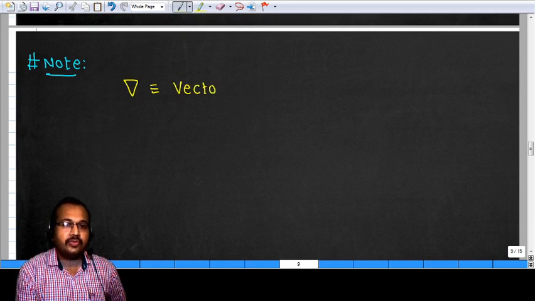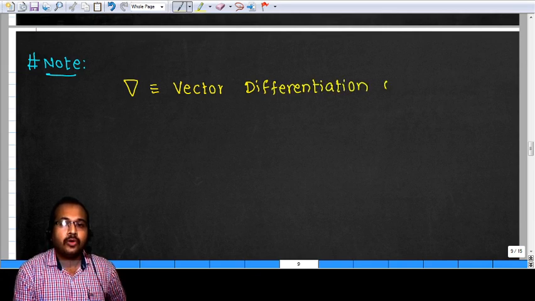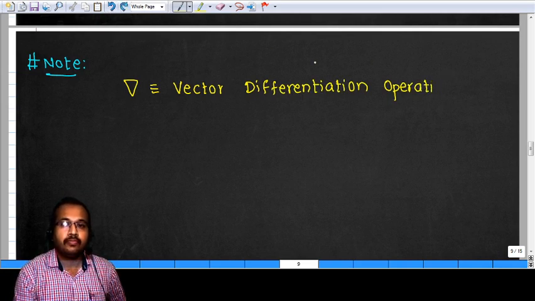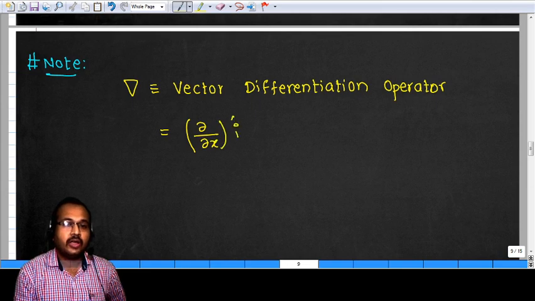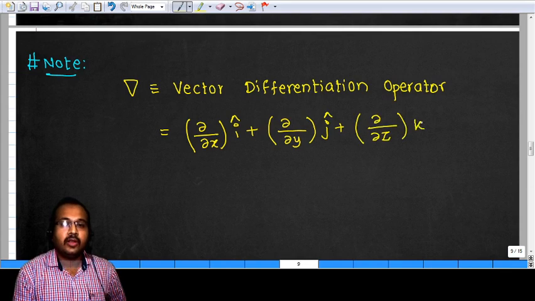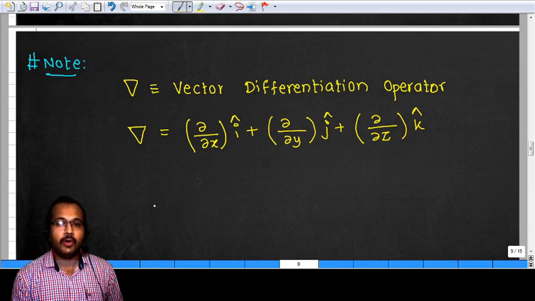This is the vector differentiation operator, such that it will take partial derivative with respect to x along the x-axis, partial derivative with respect to y along the y-axis, partial derivative with respect to z along the z-axis. So this is your vector differentiation operator.